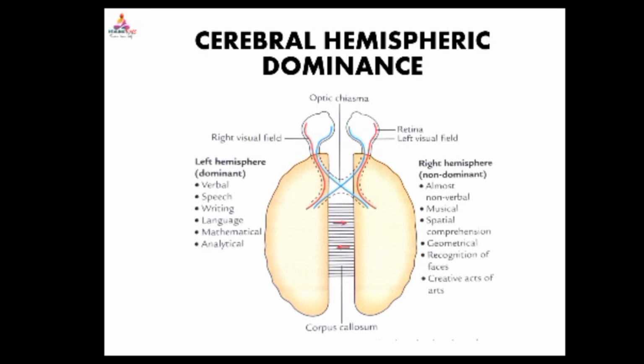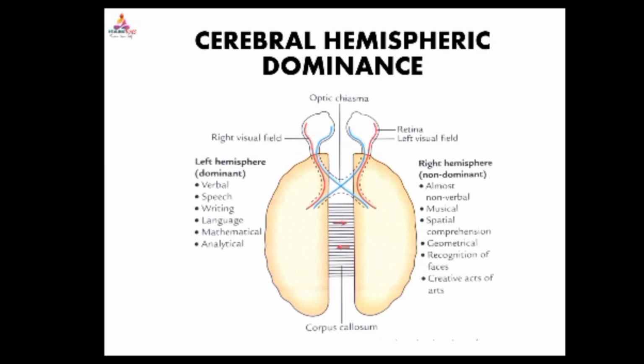According to this concept, the left hemisphere is dominant in overall 90% of people, in whom the right hemisphere is described as the minor or non-dominant hemisphere. The left hemisphere controls the right side of the body, including the skillful right hand.